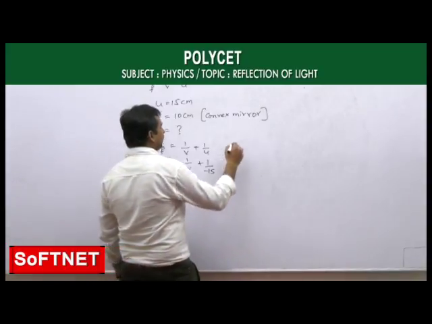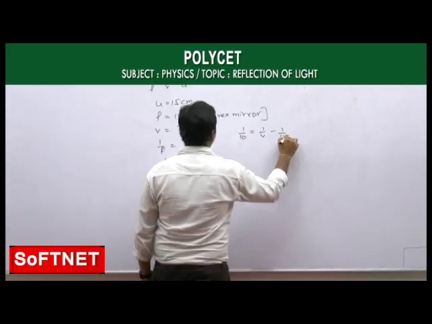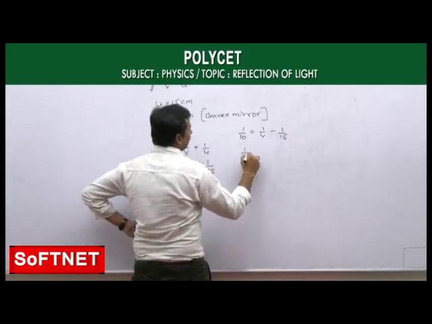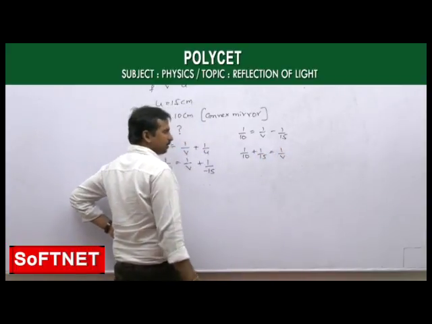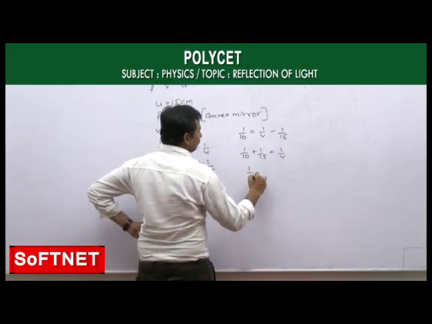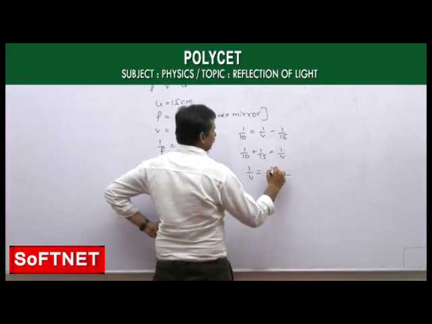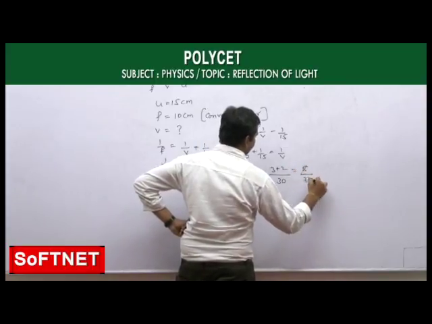Then 1 by 10 is equal to 1 by v minus 1 by 15. Bringing that 1 by 15 to this side, 1 by 10 plus 1 by 15 is equal to 1 by v. Taking the LCM of 10 and 15, which is 30, 3 plus 2 becomes 5 by 30, which is 1 by 6.